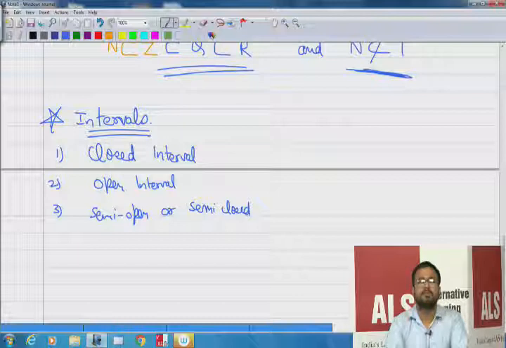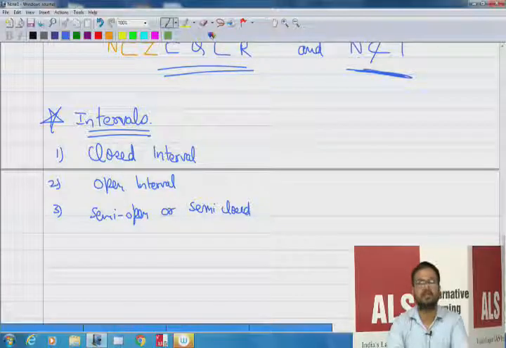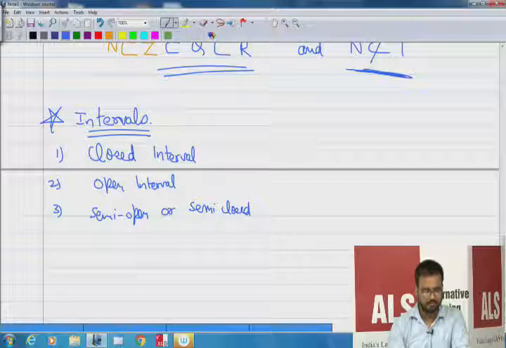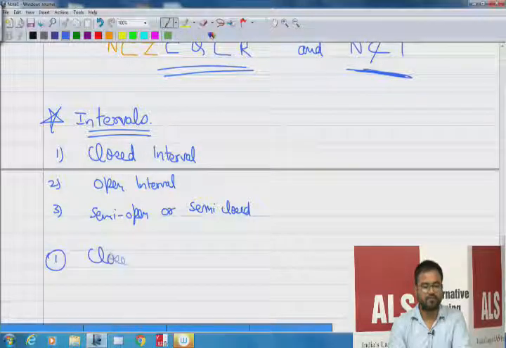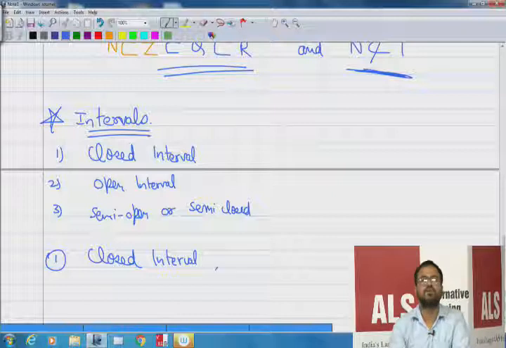Now, what do we mean by open interval, closed interval and semi-closed or semi-open? If we talk about the closed interval, suppose there are two numbers A and B, and A is less than B, B is greater and A is smaller.